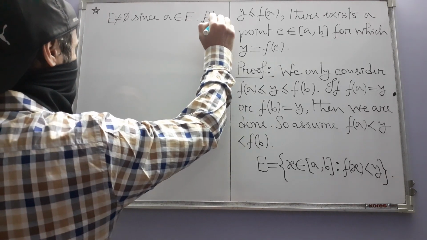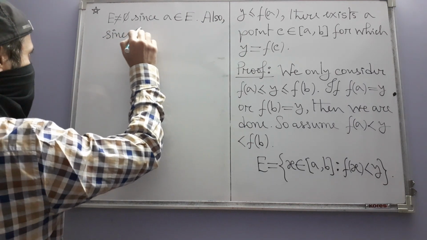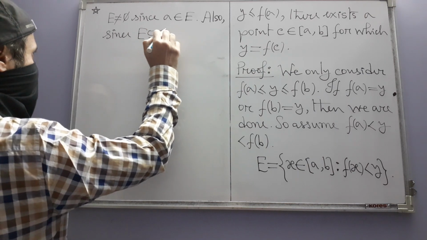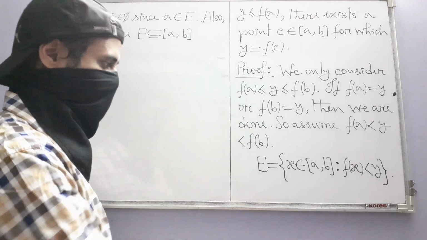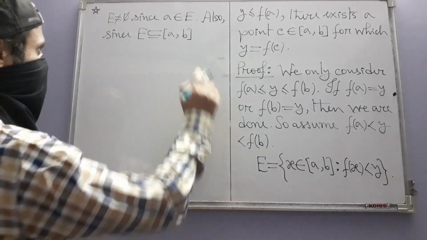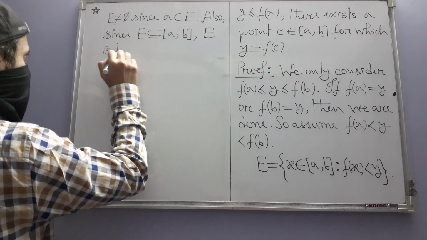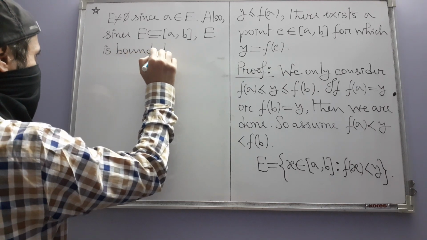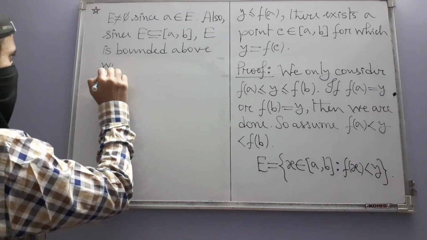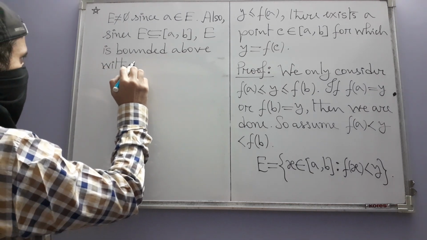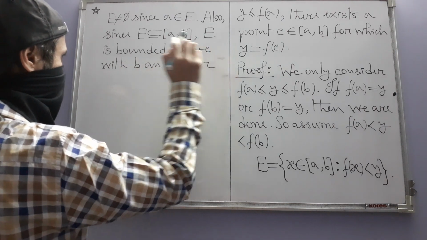Also, since E is a subset of this closed interval, because by definition E is a subset, E is bounded from above with b as an upper bound.